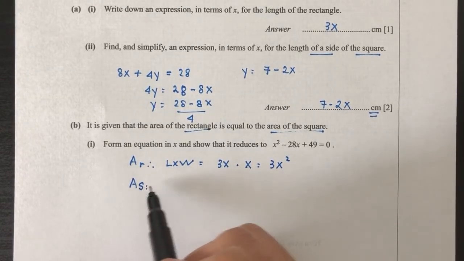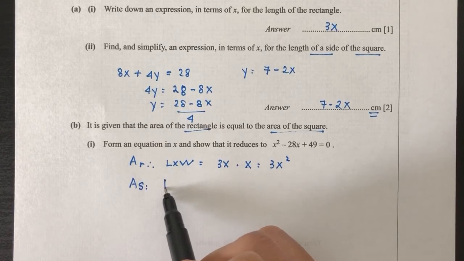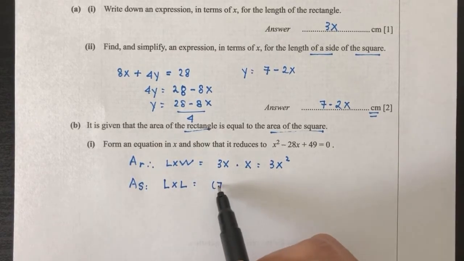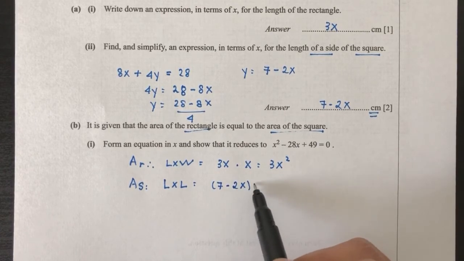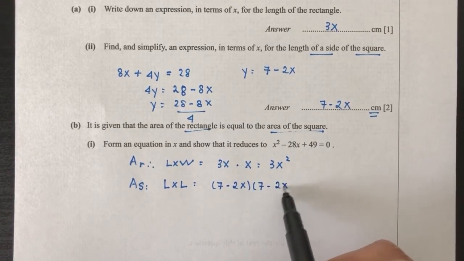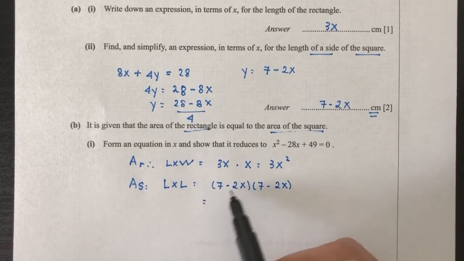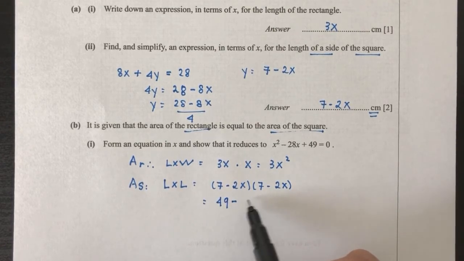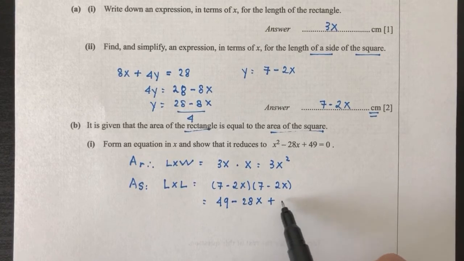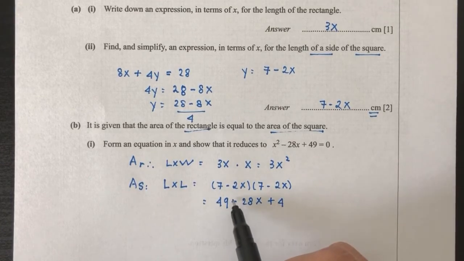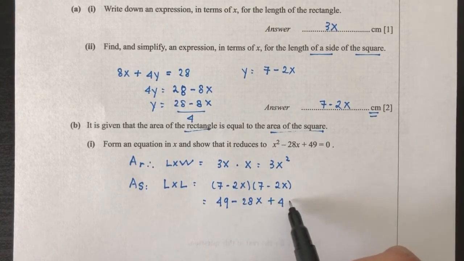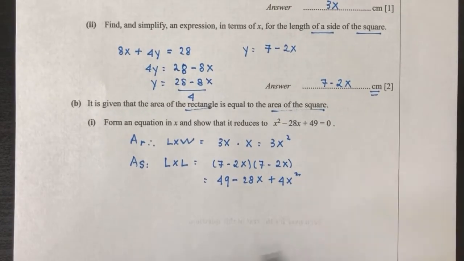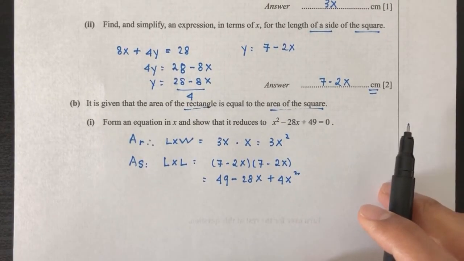Area of the square is length times length as well, same thing, so that will be 7 minus 2x times 7 minus 2x. That will be 49 minus 28x plus 4x squared. So that will be your answer for this part.